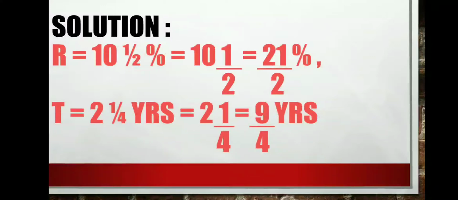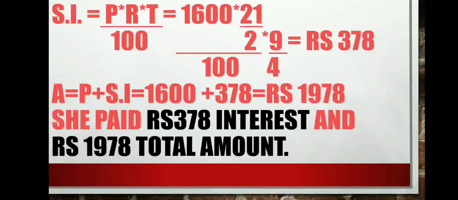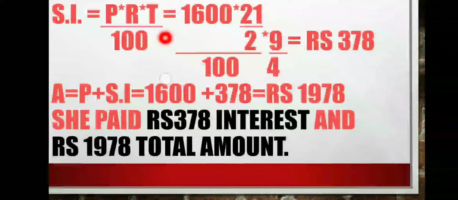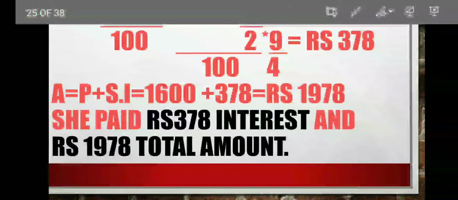Now, we'll put the values into the formula P into R into T divided by 100. P is 1600, that is principal, into rate of interest 21 by 2, into time 9 by 4, divided by 100. I'll show you how this calculation has been done.